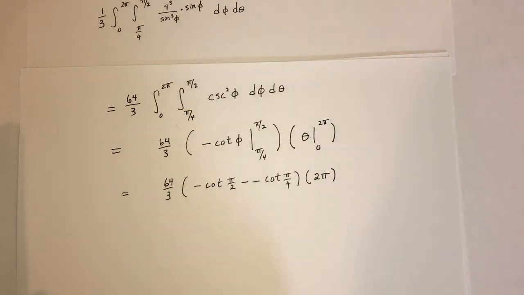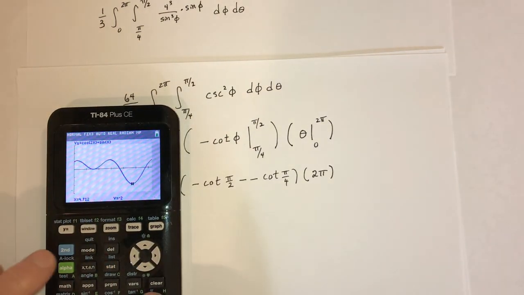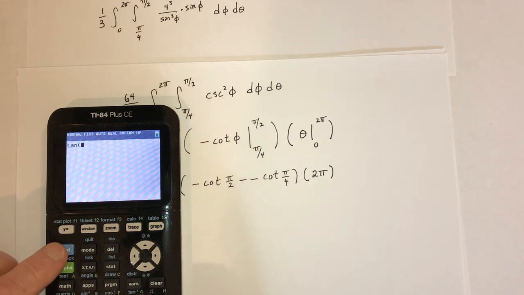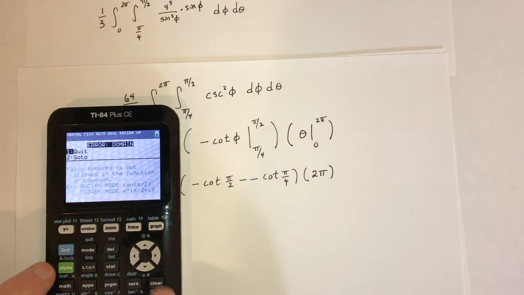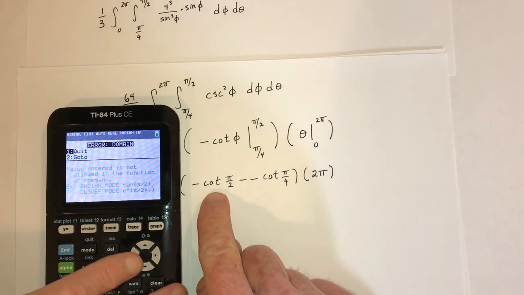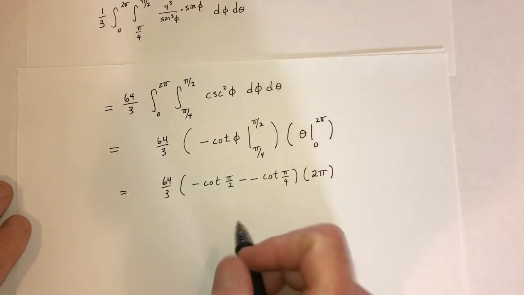And then how much is cotangent of pi over 2? So tangent of pi over 2 actually doesn't exist because that is going to infinity. Well, cotangent is 1 divided by that, so that's going to equal 0.